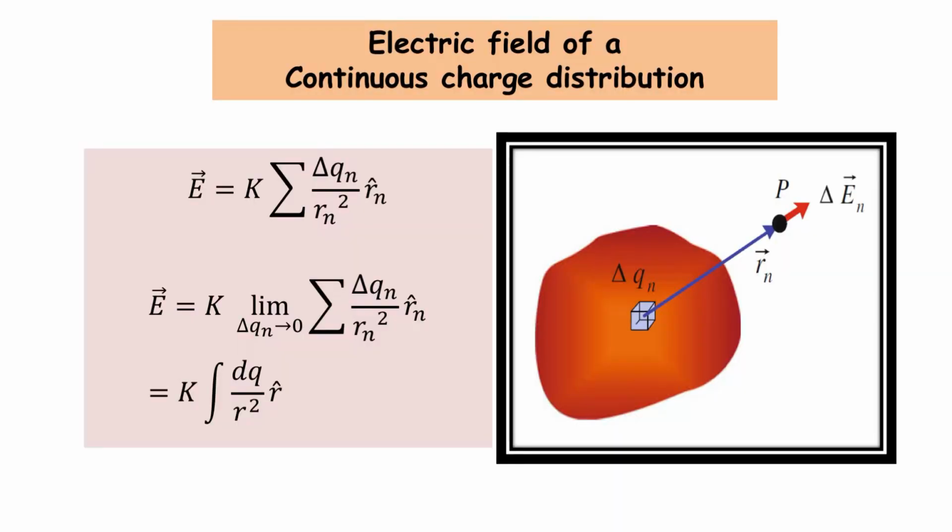So, electric field is equal to K sum of delta q n upon r n square, r n cap, and the total electric field is equal to K limit delta q n tends to 0, as they are infinitesimally small charges, sum of delta q n upon r n square, r n cap. So, the total electric field is equal to K integration of dq upon r square into r cap.